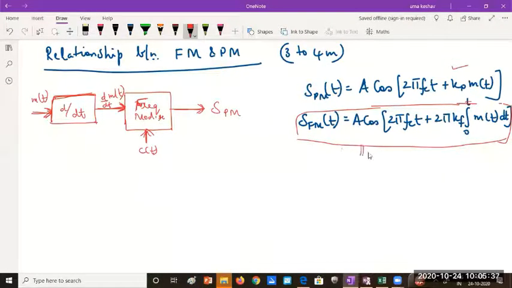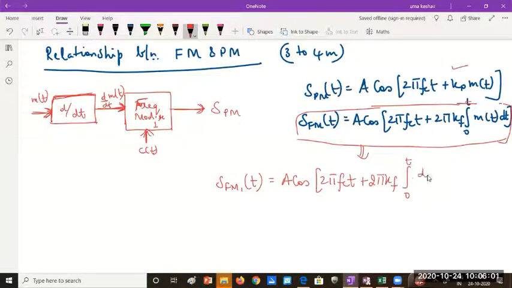Now, if I write the expression for this frequency modulator, S_FM1 of t, I'll call this frequency modulator 1, it is A cos of fixed frequency 2 pi Fc t plus the constant 2 pi kf integral 0 to t. And what is the input we are giving?